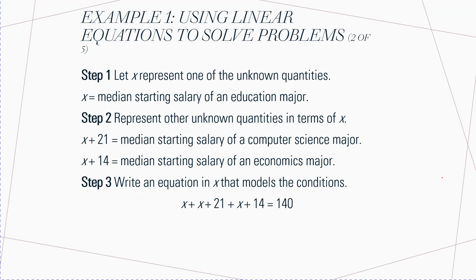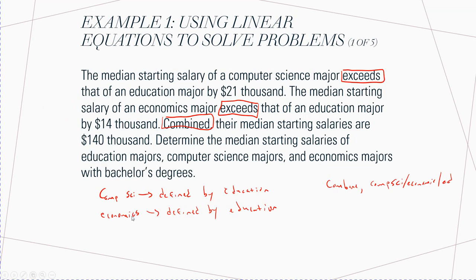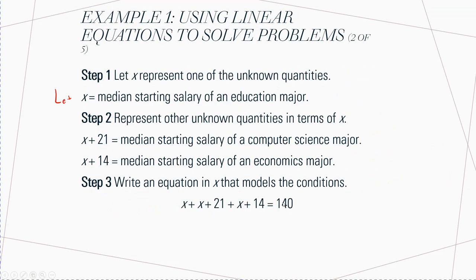Step 1, you're going to let x represent one of the unknown quantities. What you don't know here are the starting salaries of comp sci, economics, or education, but all of them are defined in terms of education. So you're going to let x be equal to the median salary of an education major.